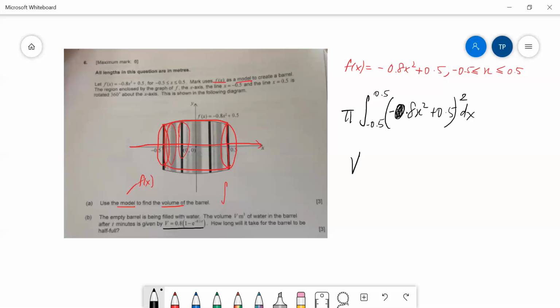V is equal to 0.8 times 1 minus e to the power of minus 0.1t. How long will it take for the barrel to be half full?